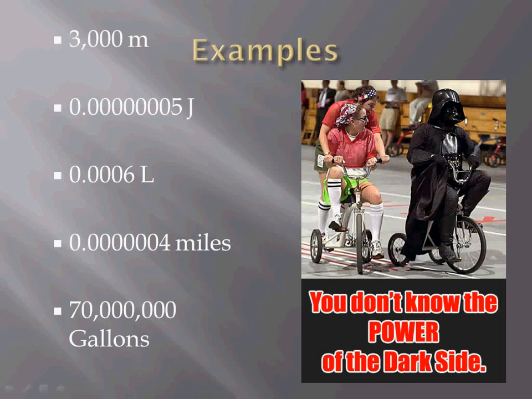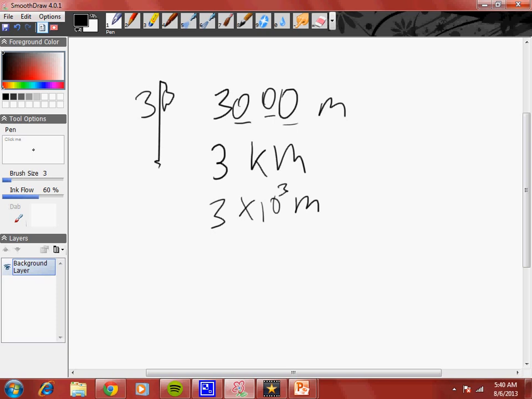Alrighty, and then we have this guy. We have point, and then we have 6 zeros after the decimal point, and then 5 joules. So let's see how to deal with that. So we have point 1, 2, 3, 4, 5, 6, 5 joules. So 0.000005 joules.